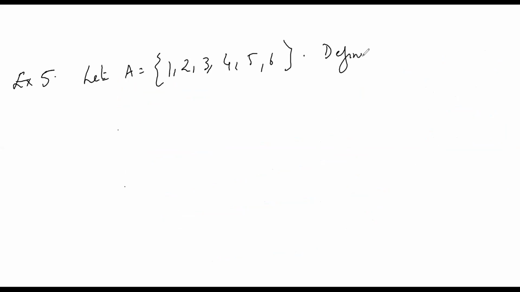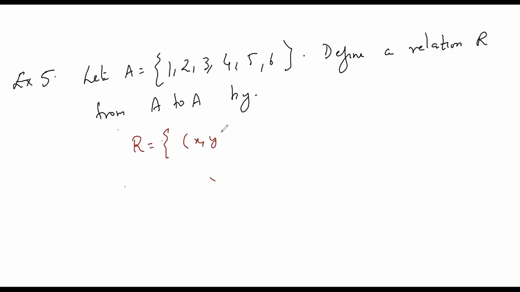So one more example I'll write, example number 5 or anything. Let A is equal to 1, 2, 3, 4, 5, 6. Define a relation R from A to A by, this is a question I'm going to write now, R is equal to x comma y such that y is equal to x plus 1.